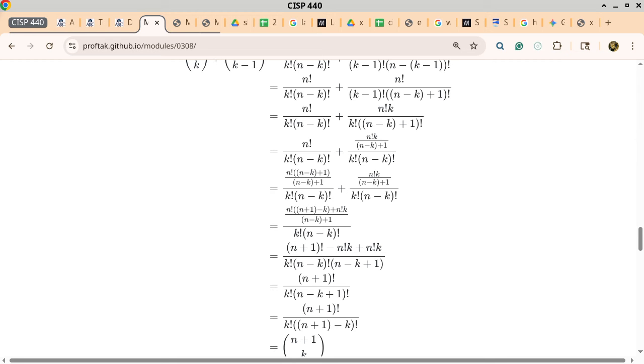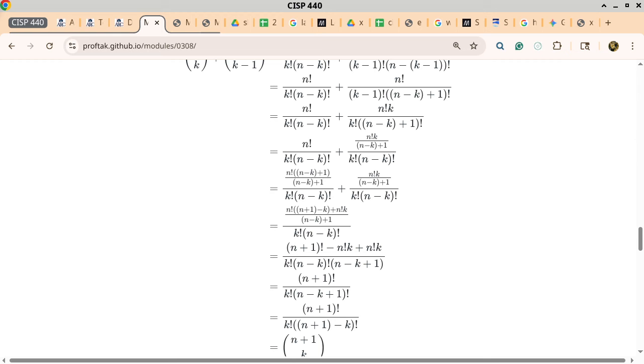Okay. So now we look at this term here, and then we move things around a little bit. We combine the division by n minus k plus 1 to the overall denominator. So that becomes just n minus k plus 1 factorial. And then for the numerator, we use distribution. Once we use distribution, n factorial times n plus 1 is n plus 1 factorial.